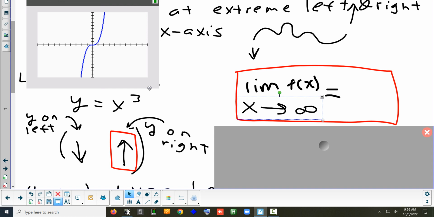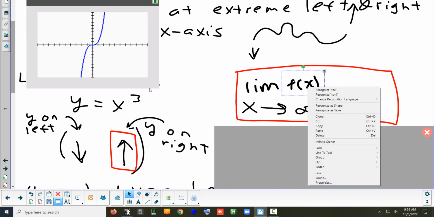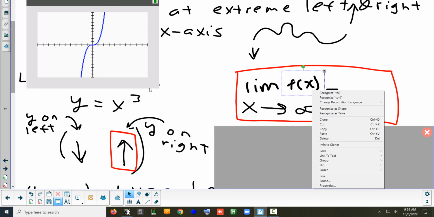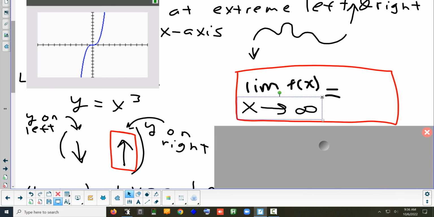Now, when we write f of x, that's another name for what letter? Y. So what this is really saying is, what is happening to the y value as you head to the right? Infinity is to the right. So what is happening to the y value as you head to the right on the x-axis?